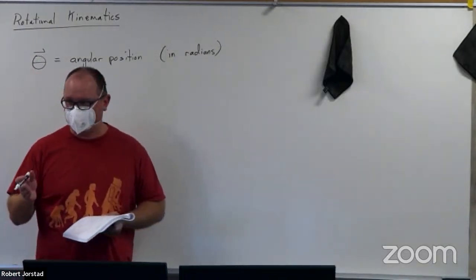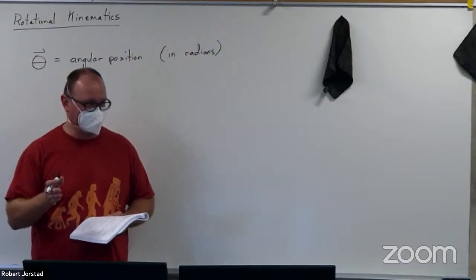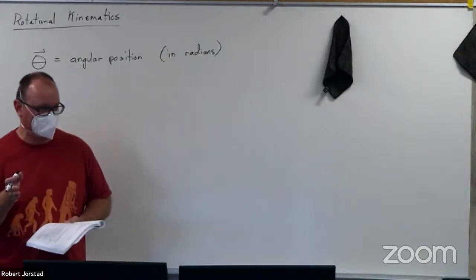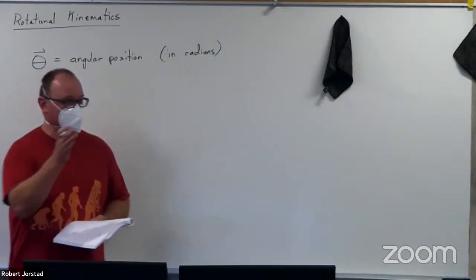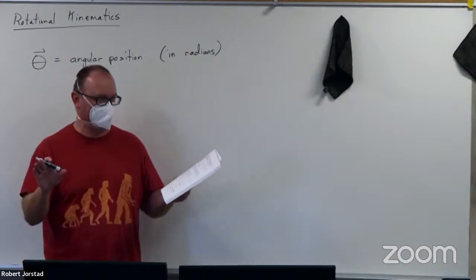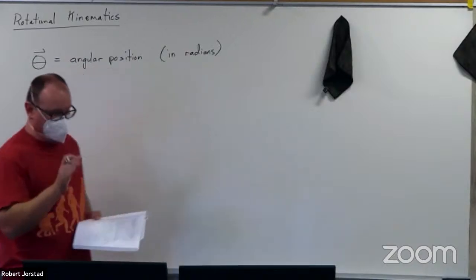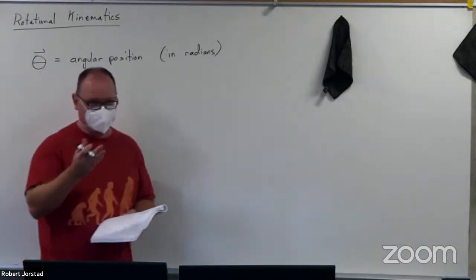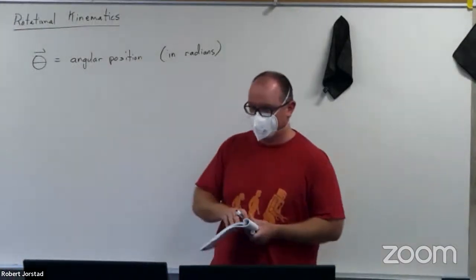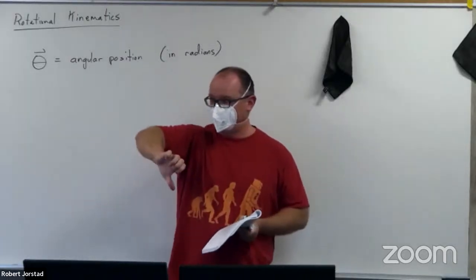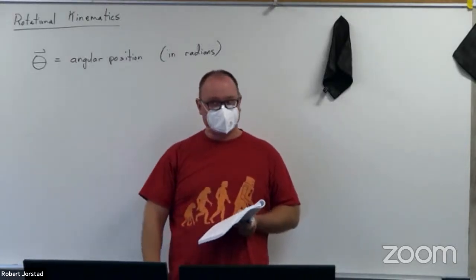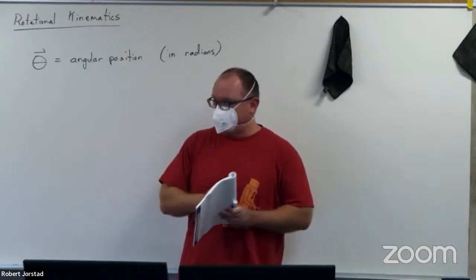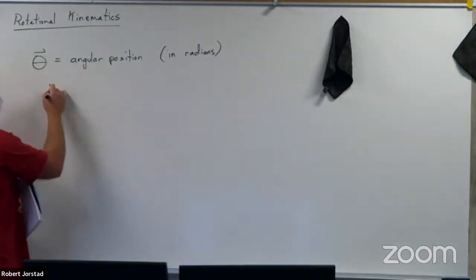Vectors should obey vector addition, and vector addition should be commutative, meaning if you say vector 1 plus vector 2, the answer should be the same as vector 2 plus vector 1. I think all of you agree with that, right? It turns out angular vectors don't obey that relationship of commutativity. Depending on when you start rotating things, if you rotate x, y, then z, that's going to be different than z, y, then x.